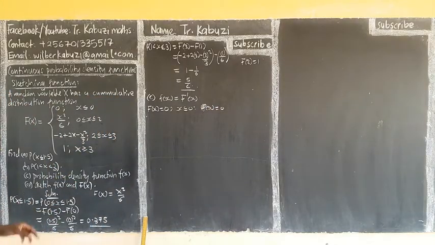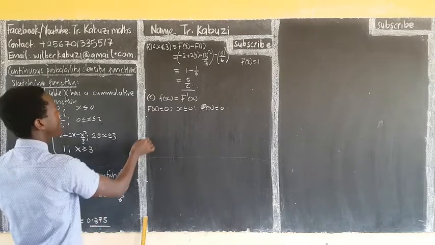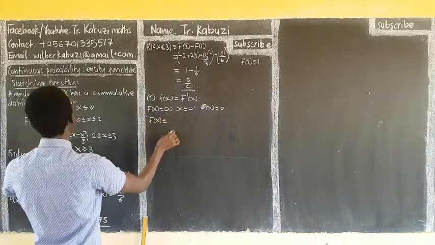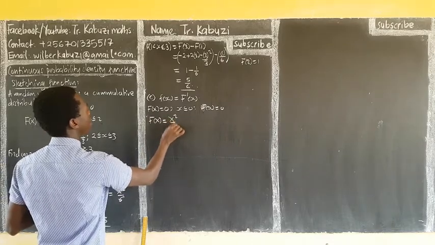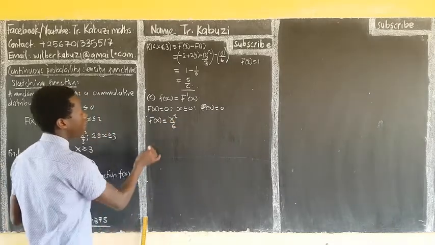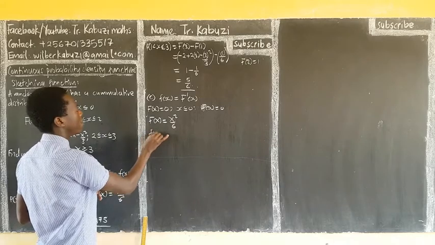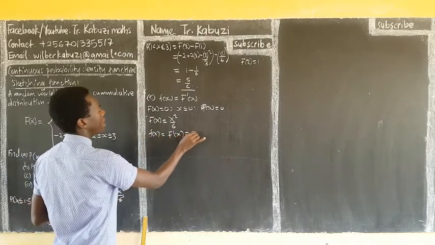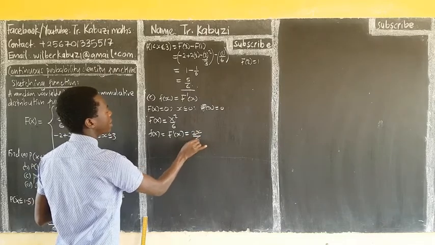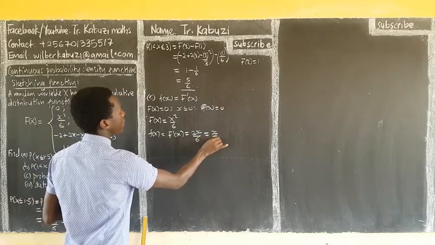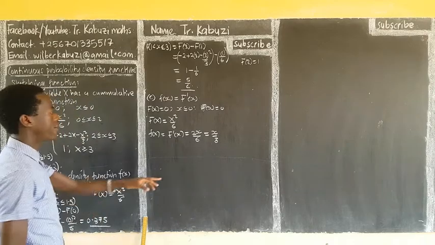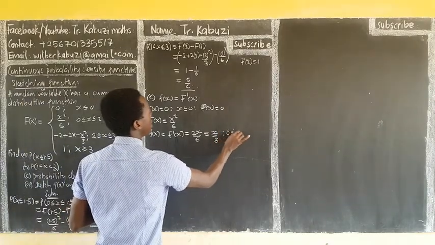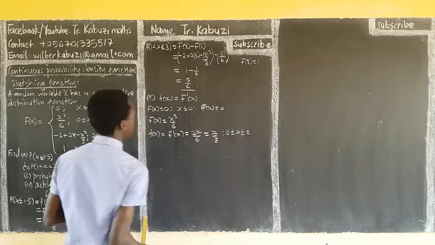So that one is done. Then when you come to this, our capital F of x is x squared over 6. To get small f of x for this, we shall just differentiate, which will be 2x over 6, which will be x over 3, for the interval 0 less than x less than 2.